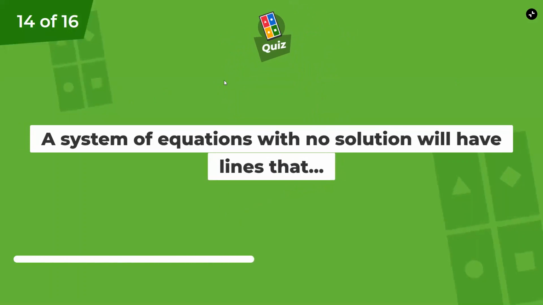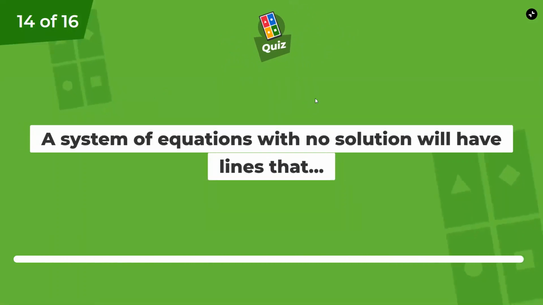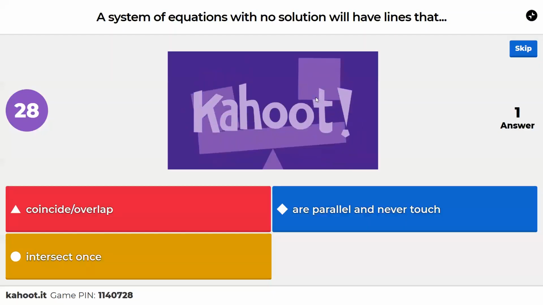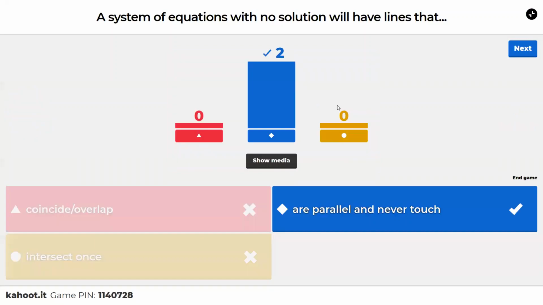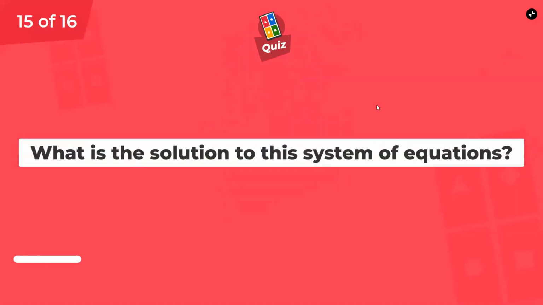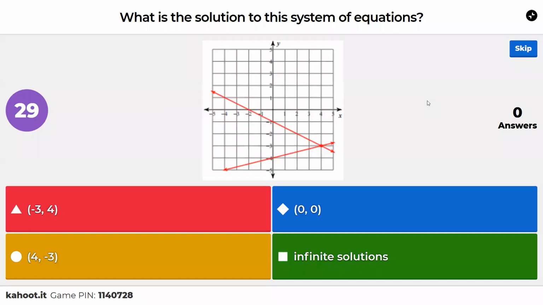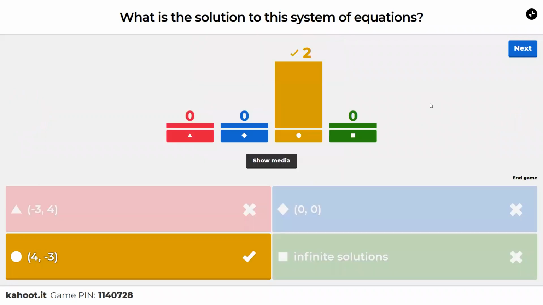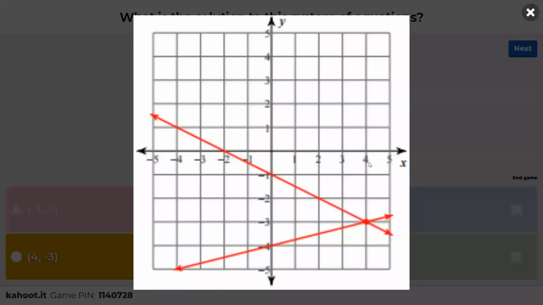A system of equations with no solution will have lines that are parallel and never touch. Very good. 2 questions left. What is the solution to this system of equations? Good. 4, comma, negative 3 is the point where they touch.